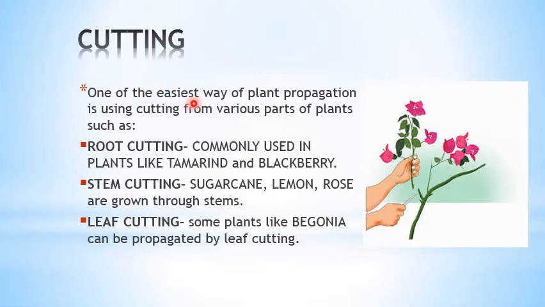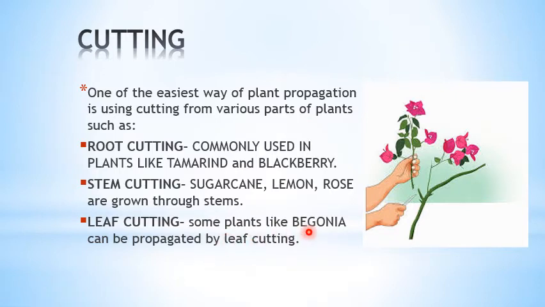One of the easiest ways of plant propagation is using cuttings from the various parts of the plant. That is root cutting, commonly used in plants like tamarind, that is imli, and blackberry; and stem cutting, where sugar cane, lemon and rose are grown through the stems. Leaf cutting: some plants like begonia can be propagated by leaf cutting.